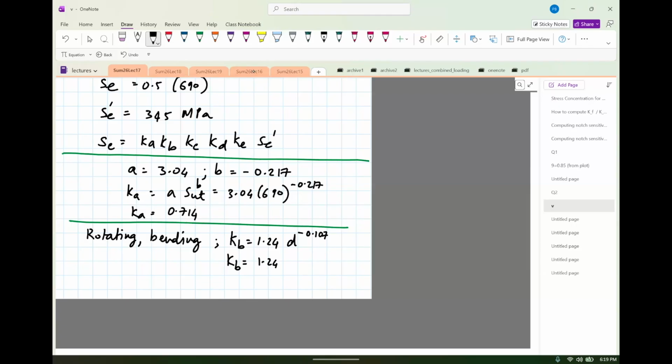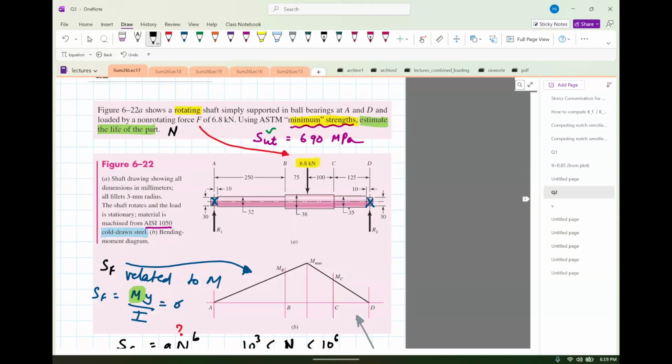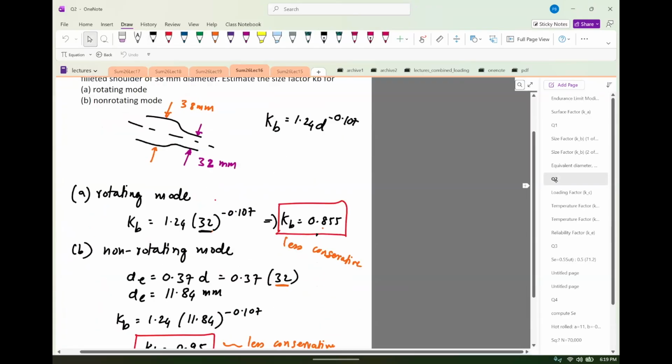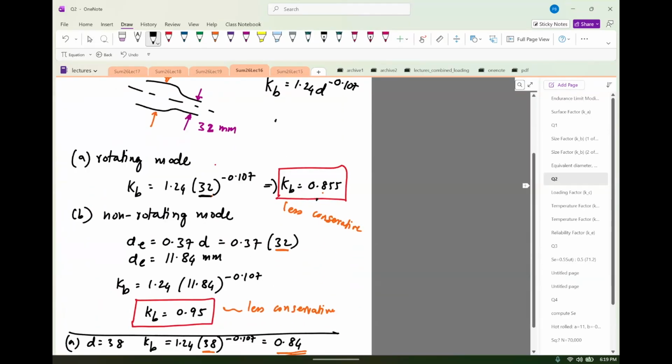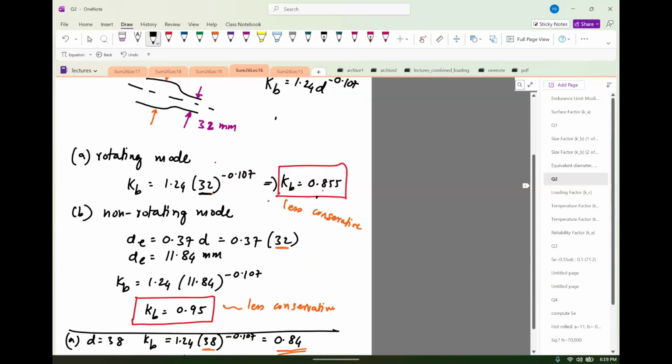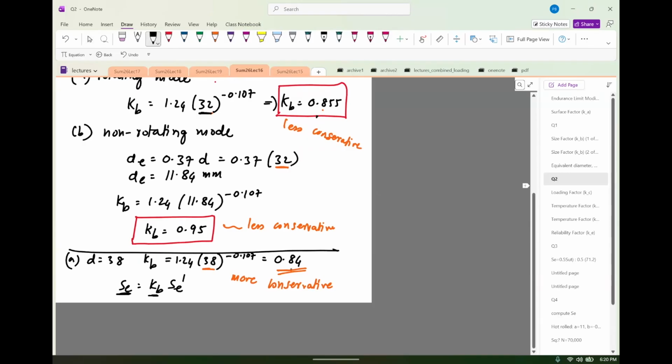It just happens that we have 32, 38, 35. It seems like the maximum stress will occur... Actually, we did this. We found that the larger the diameter, the more is Kb. Let's see if it was here. Yeah. For exactly the same dimensions, 32 and 38, we computed Kb. We used 32, we got 0.855. If we used 38, I found it was 0.84.